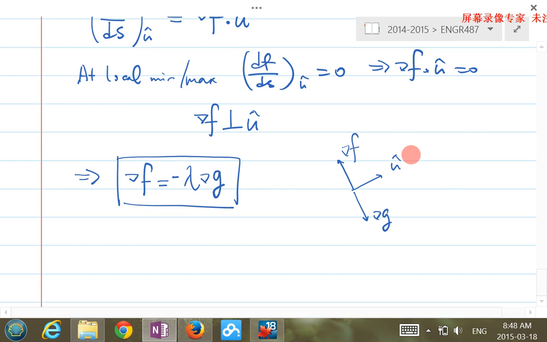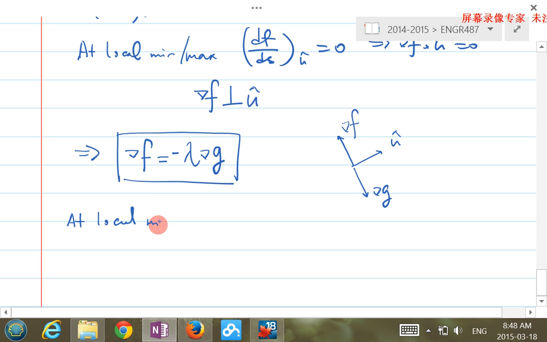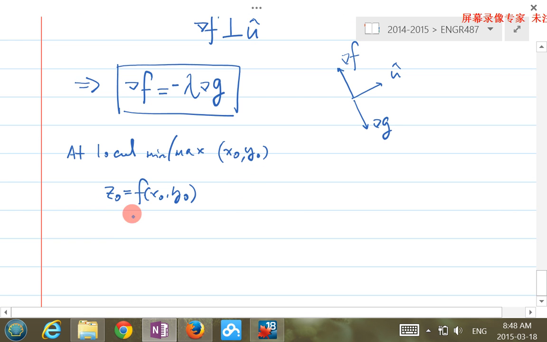So basically, what I can see is at this local min or max, let's say x naught, y naught, maybe it's a local min or local max. If I plug x naught, y naught into the original function, we get z naught, right? Then we have a contour, so here is f of x, y equal to z naught.